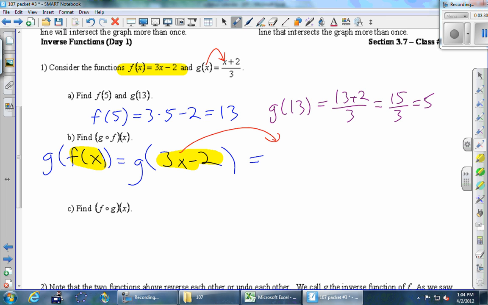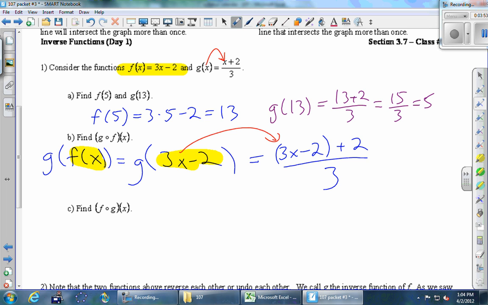It's 3x minus 2. What's it going to do? It's going to stick it on top with the plus 2 and divide by 3. I think that's the toughest part of the problem.